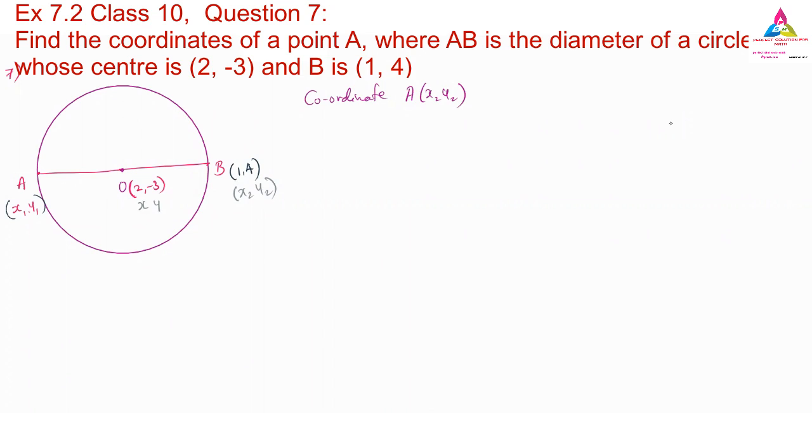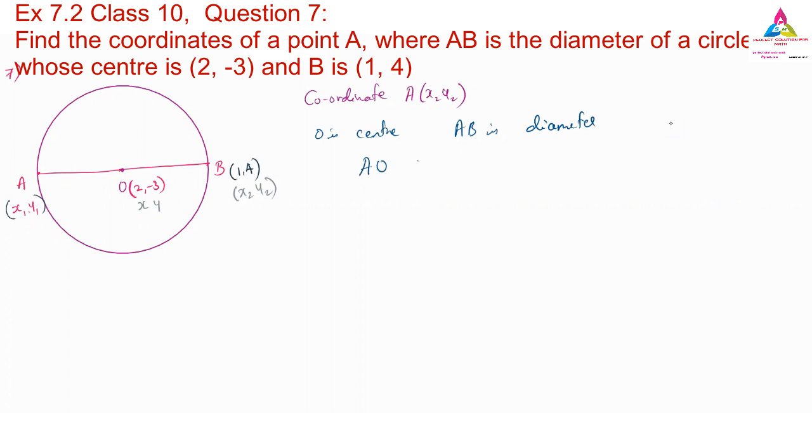But here you see, O is the center and AB is the diameter. Obviously, you know what the ratio is between A to O and O to B. O is the center, AB is the diameter. So what is the relation between A to O and O to B?